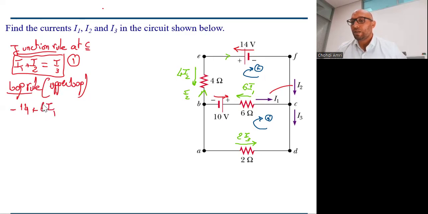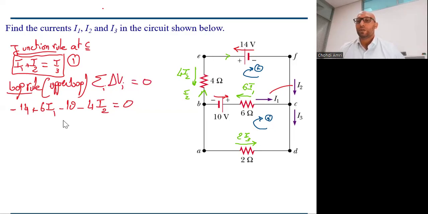Then minus 10 because the electromotive force is to the right, and the positive direction, as we said, for this closed loop is to the left in the branch BC. So minus 10 volt, and then minus 4I2, and of course equal to 0 because the sum of the potential differences across the closed loop must be equal to 0 to conserve the energy.